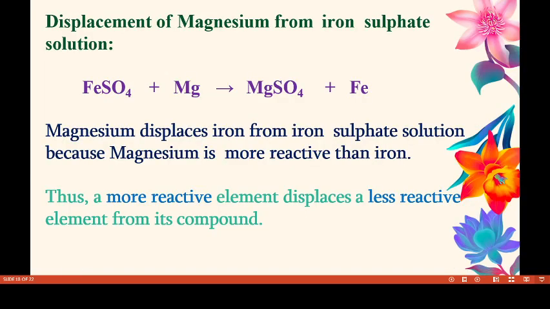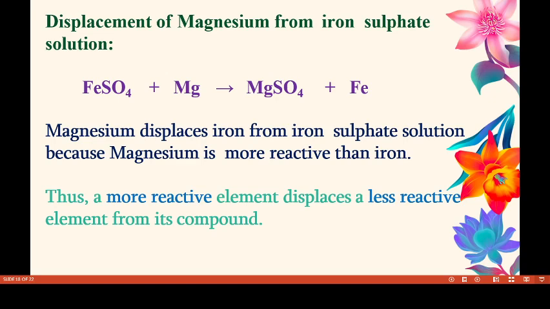Now I show another example of displacement reaction. I will take ferrous sulfate and magnesium. This is displacement of iron from iron sulfate solution. Ferrous sulfate reacts with magnesium, and magnesium replaces iron and joins with sulfate. The magnesium displaces iron from iron sulfate solution because magnesium is more reactive than iron.